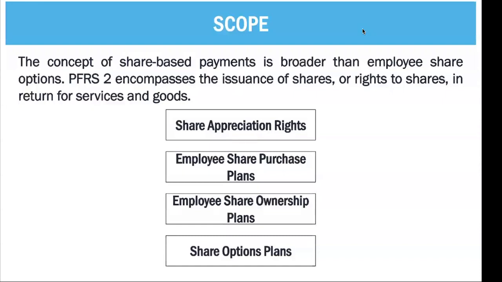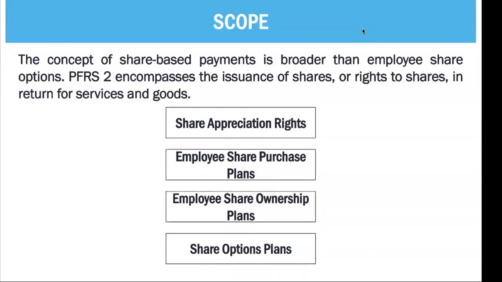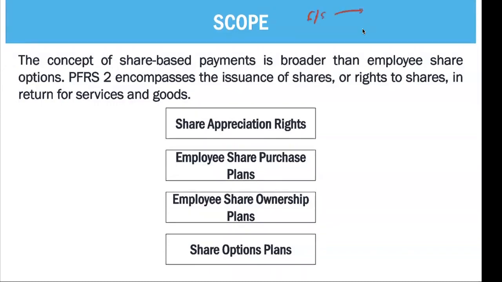But PFRS 2 encompasses all issuance of shares, rights on shares, or any return for goods or services. So long as there is an exchange of goods or services, and you have either shares as payment or a liability based on the value of those shares, we call this share-based payments.